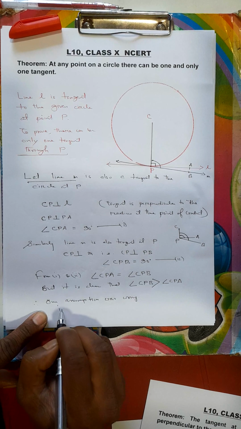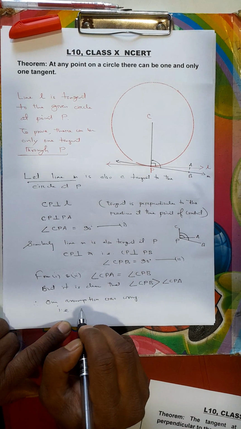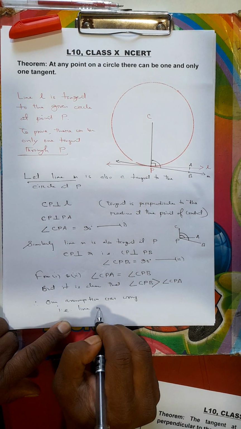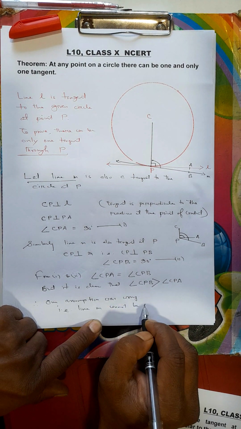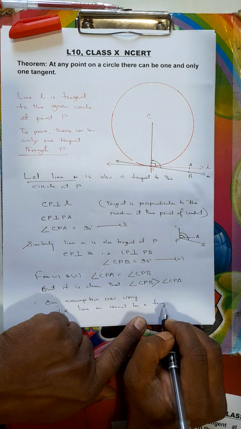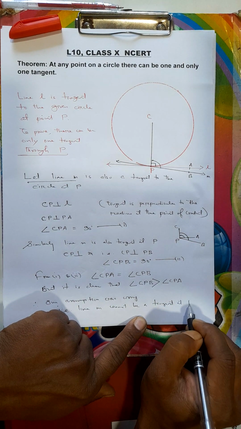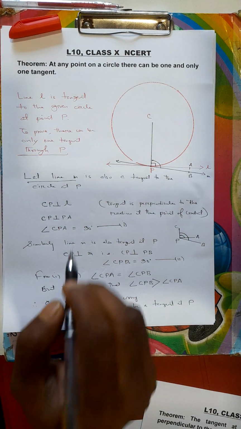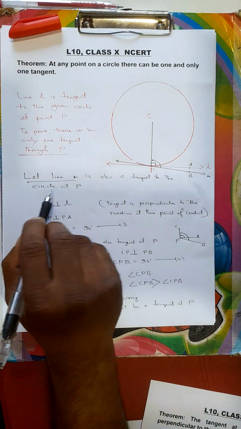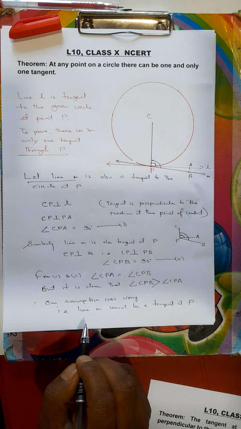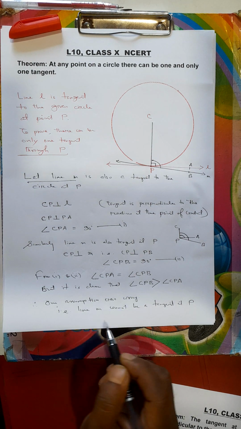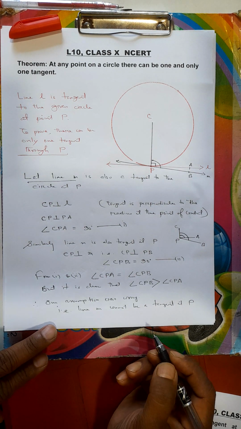That is, line M cannot be a tangent at P. Our assumption was line M is also a tangent to the circle at point P. So we now find that the assumption is wrong. Line M cannot be a tangent to the circle at point P.